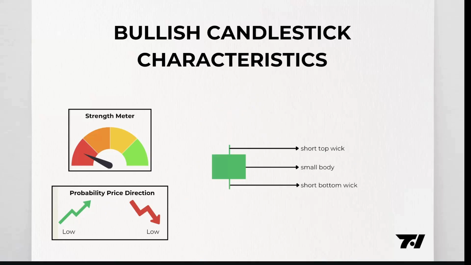And the next one is an example of a bullish candle that has no volume or very little volume, right? It is shown by a short top wick, a short bottom wick, and a small body, right?